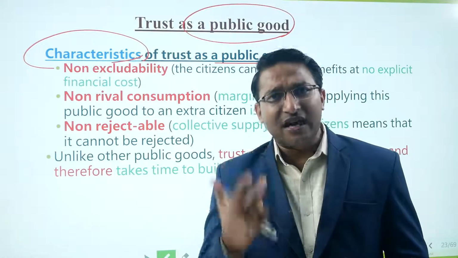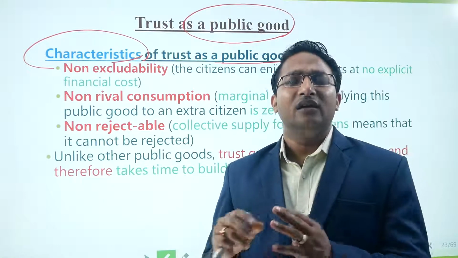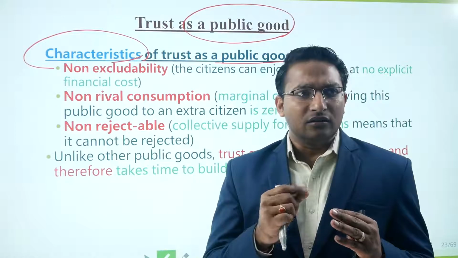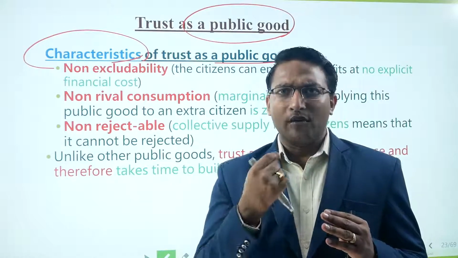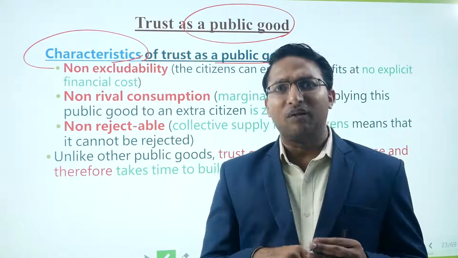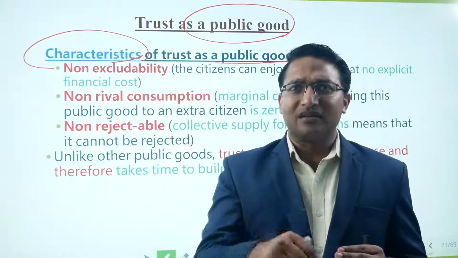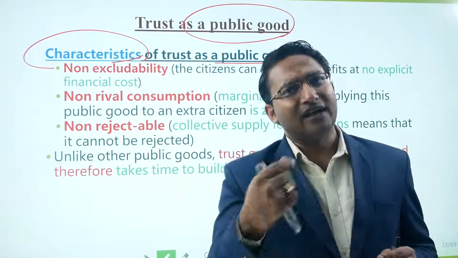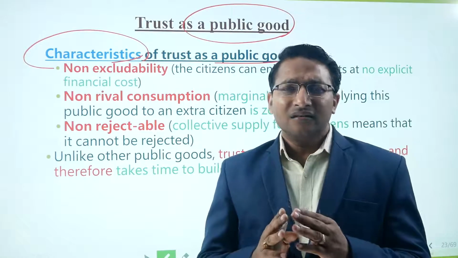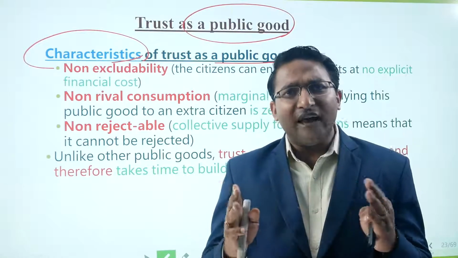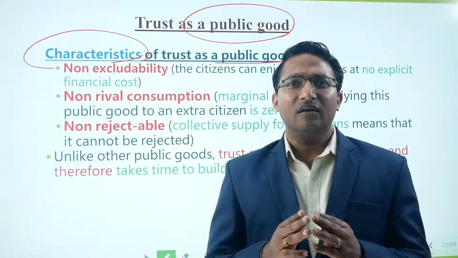So consider, for example, in a society, if every borrower who receives a loan from the bank, in 100% of the cases returns the loan on time, then it is very easy for everyone to get a loan.